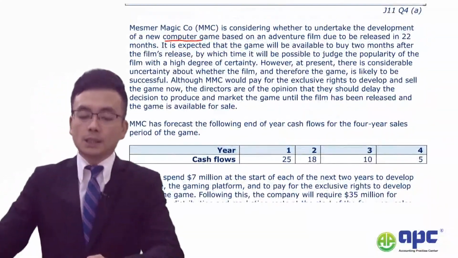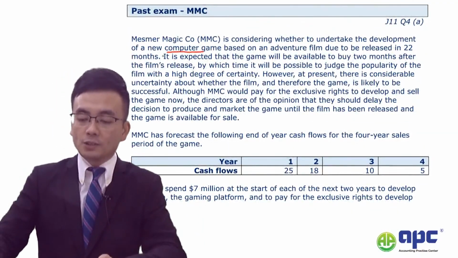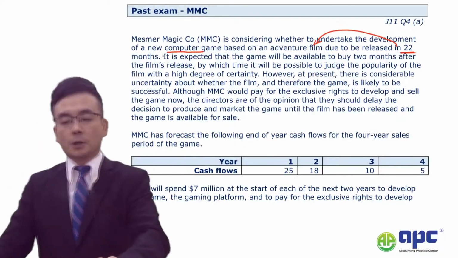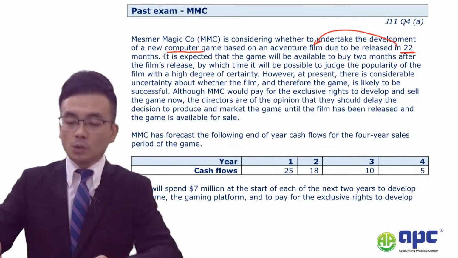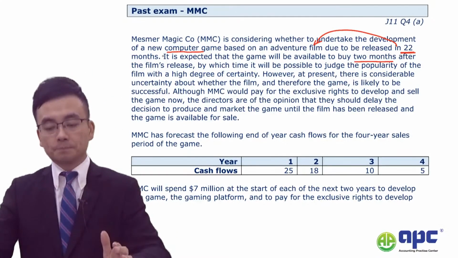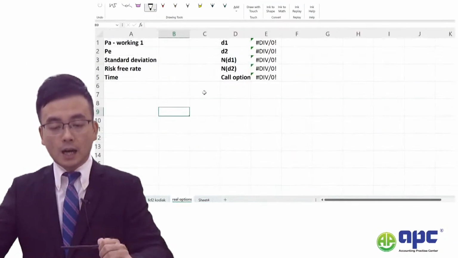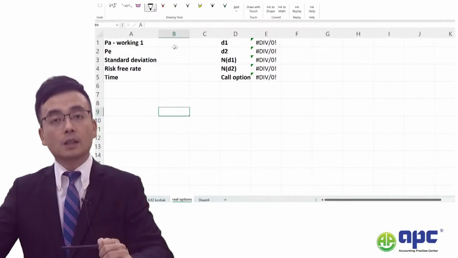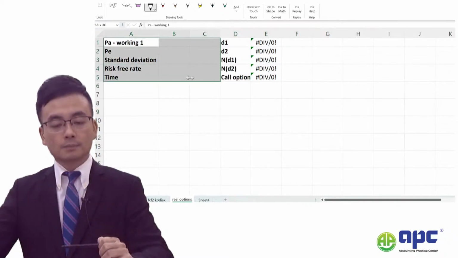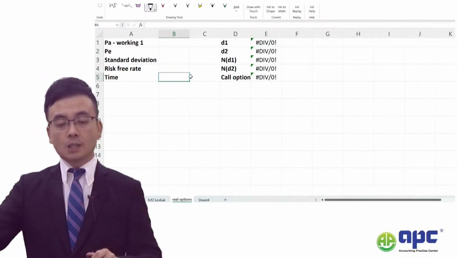Now we're told that we'd like to develop a new computer game, to release in 22 months, that film. So after we've finished that film in 22 months, we will need to wait for another 2 months before we launch the computer game. So if that's the case, I've got the Black-Scholes option pricing model variables and the formula for you, but you don't really have to remember that because you will be given that.